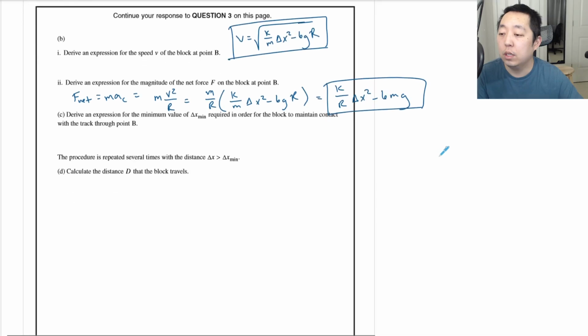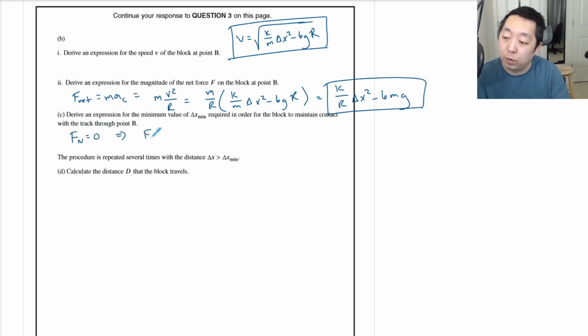Okay. Derive an expression for the minimum value of delta x min required for the block to maintain track. So if it's just to maintain track, we would say the normal force is 0, which means that the net force has to equal mg. But we already know what the net force is. It has to equal this, k over r delta x min squared minus 6mg.